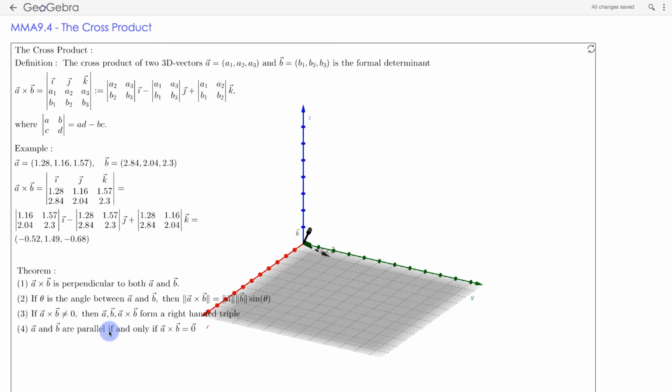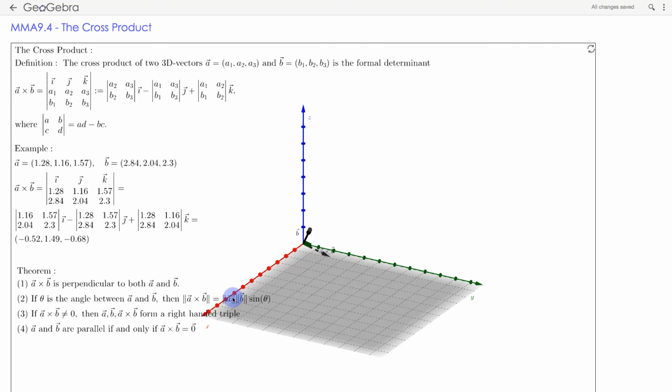If you have two vectors that are parallel, then the cross product is 0. It's clear from this. But it also works the other way around. So this cross product is 0 if and only if the two vectors are parallel. Parallel means pointing in the same direction or the opposite direction.